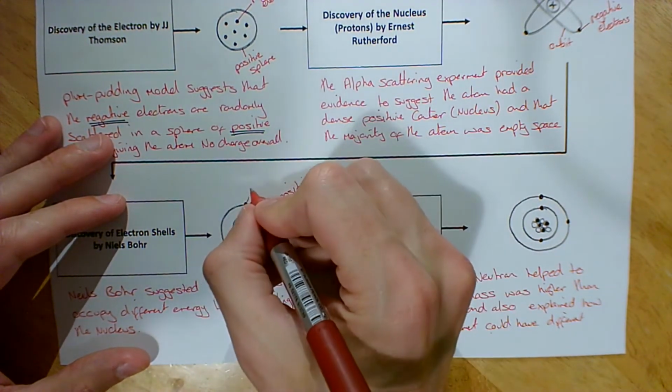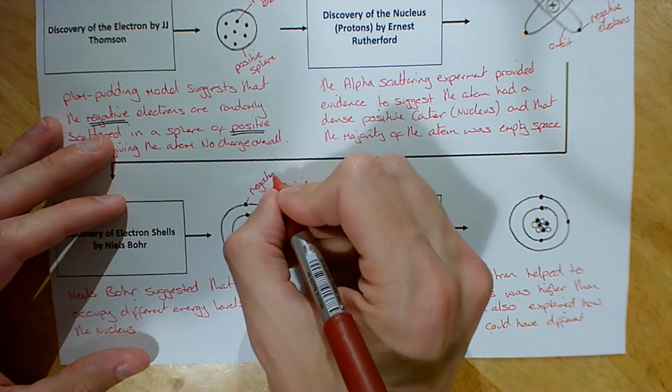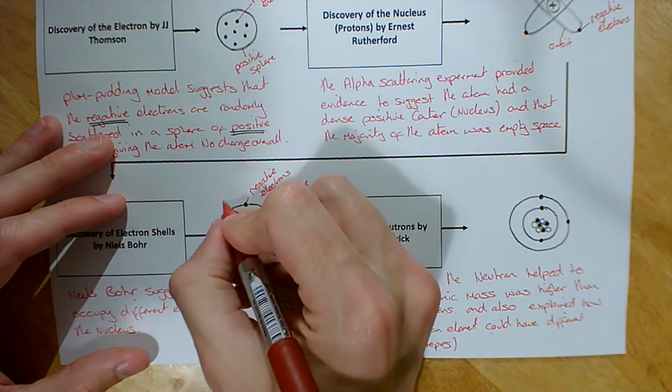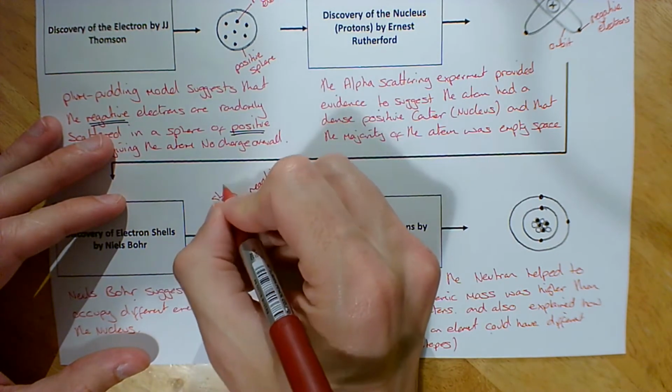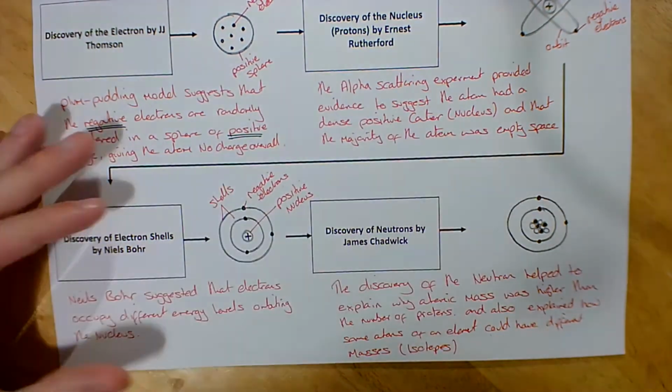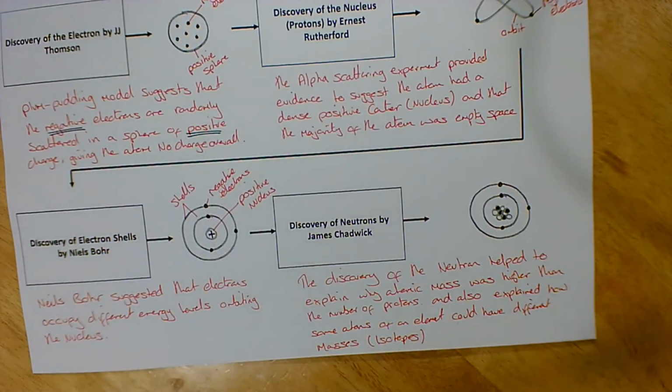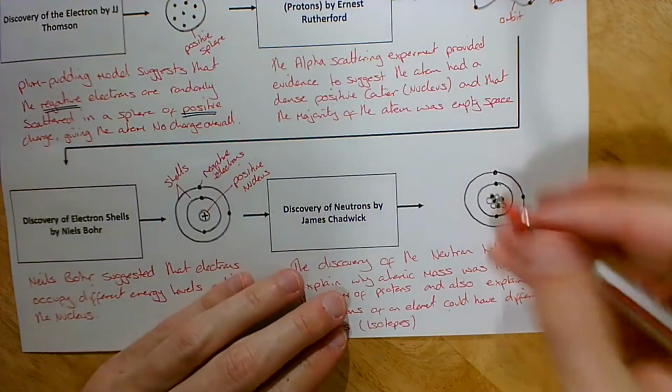we still have negative electrons, but now we have shells for the first time, energy levels that those electrons go into. And finally, after the discovery of neutrons, we now have the full picture. We now have all three subatomic particles.